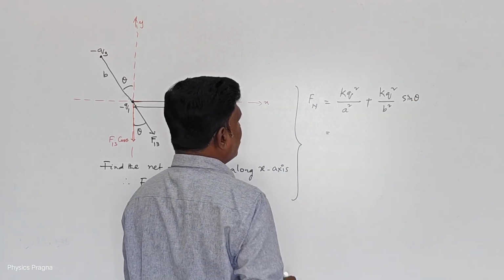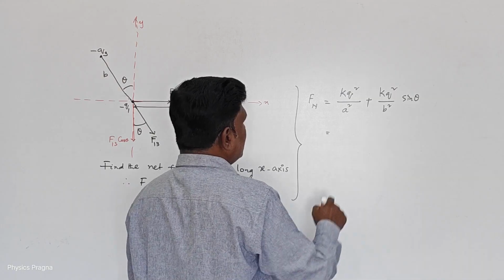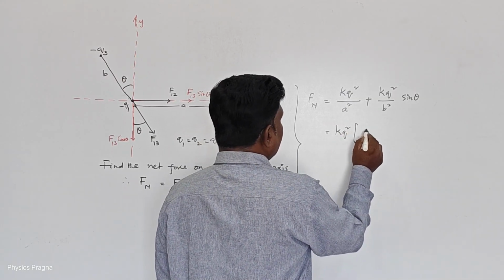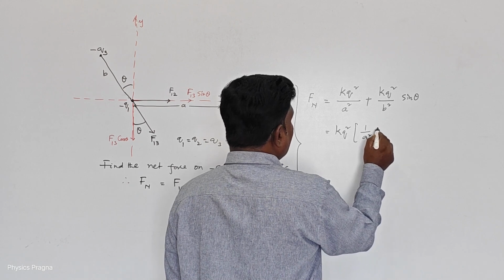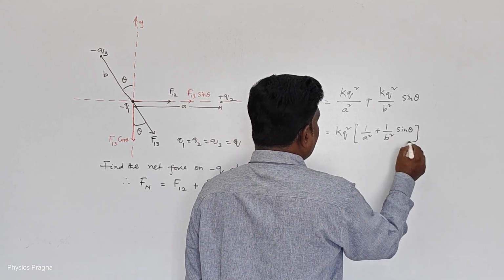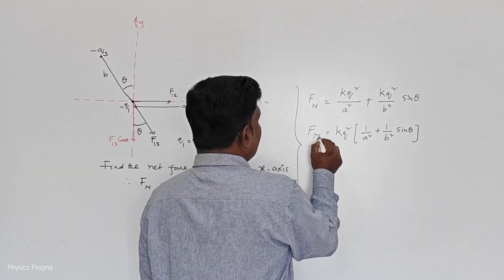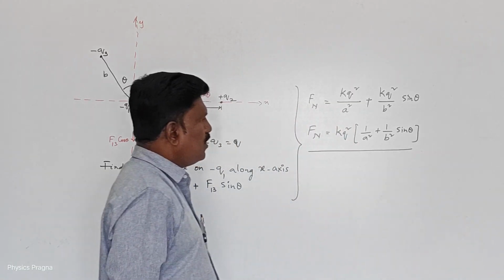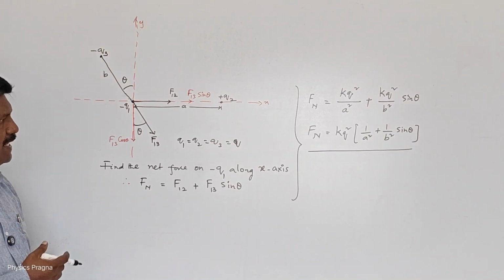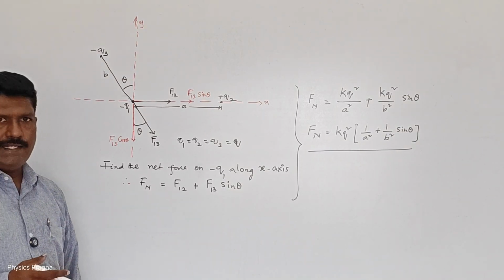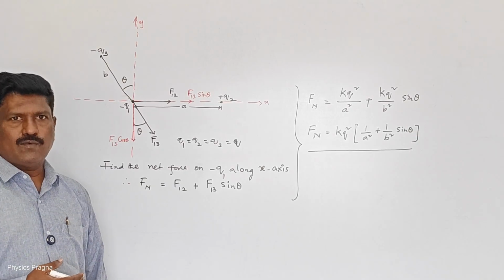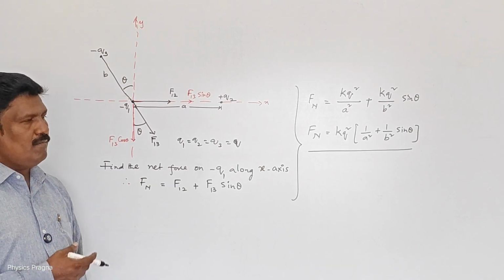If I take K q square common, then 1 by a square plus 1 by b square times sin theta. This is the net force acting on minus q1 along the x-axis. Like that, we can calculate the net force using the Coulombian force formula among the charges.